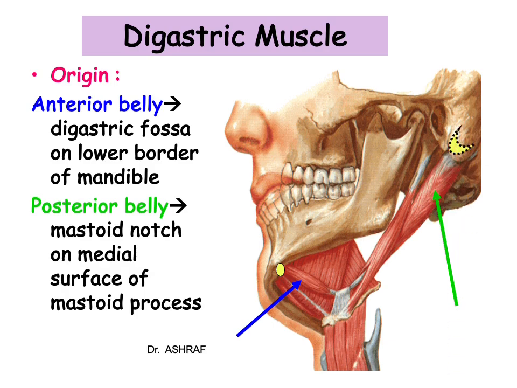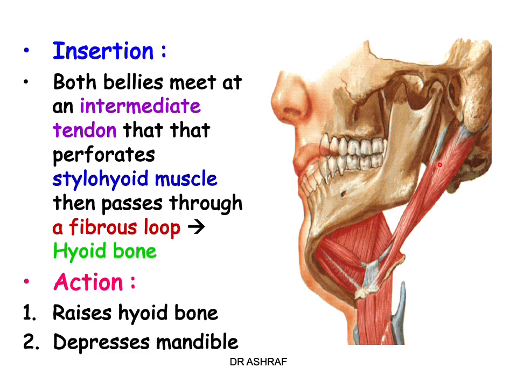Those two bellies are attached by what's called an intermediate tendon, which is hooked by a fibrous loop to be attached to the hyoid bone. The posterior belly pierces the stylohyoid muscle. It's so interesting to see a muscle piercing a muscle.